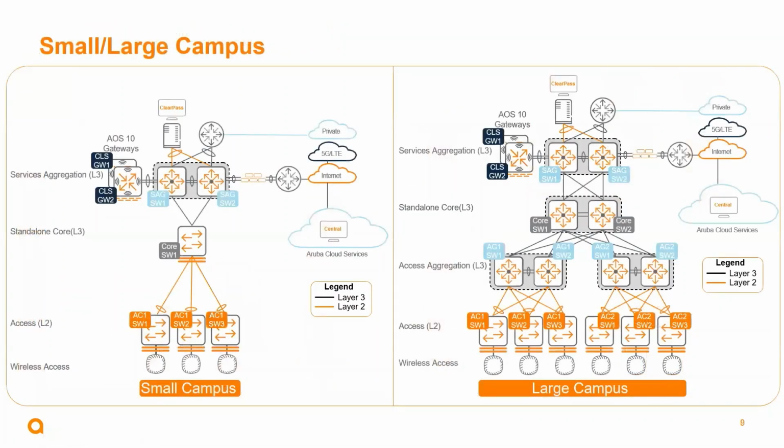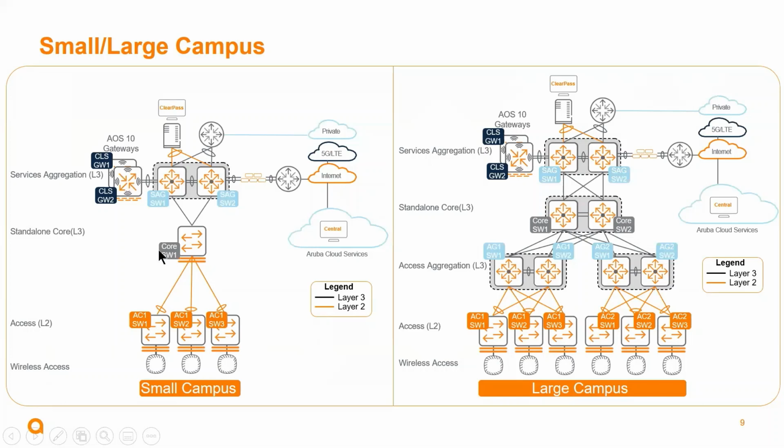Built from the ground up with a combination of cutting-edge hardware and software, our Aruba-CX switches are designed for today's enterprise campus, branch, and data center networks. Here are the use cases of how they are being used in small and large campuses and where they can reside. When we see our Aruba-CX 8325 in the small campuses, it can act as a core switch, like a collapsed core layer.